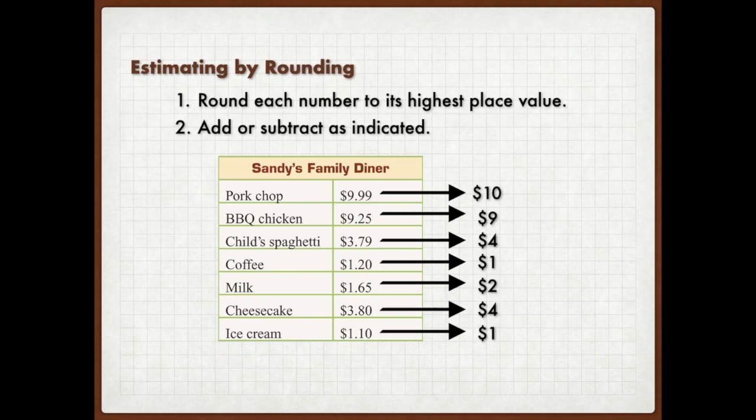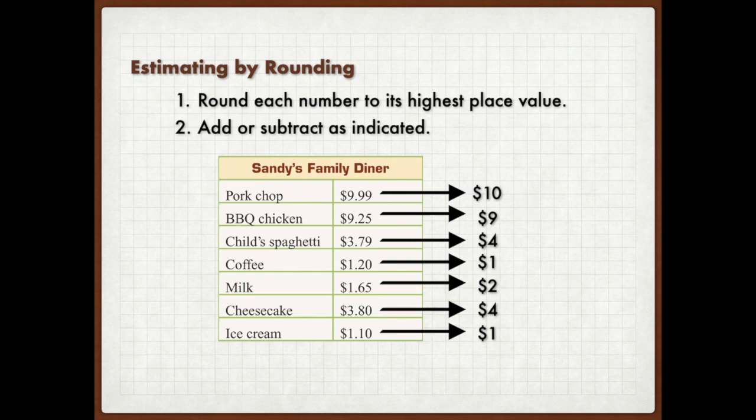Now, if you have a question that asks you to estimate, but being more exact than what is given here, we wouldn't go to the highest place value, we would go to the second highest place value. So let's do this together mentally.